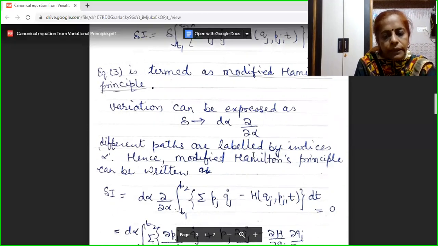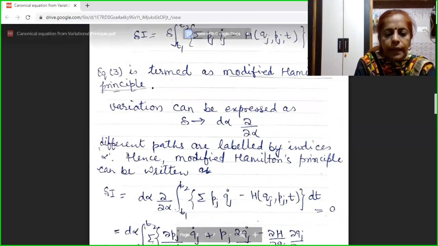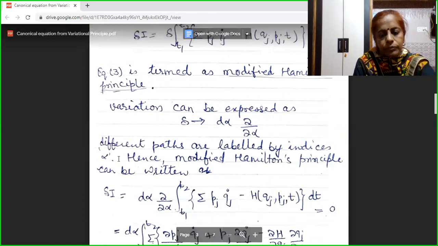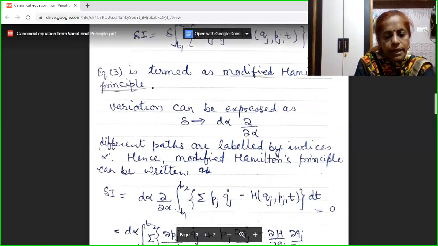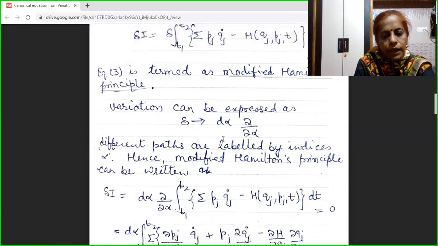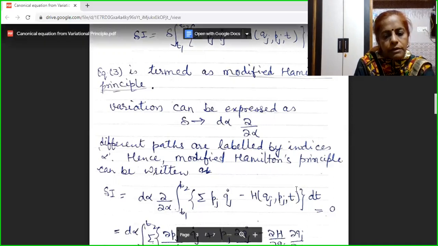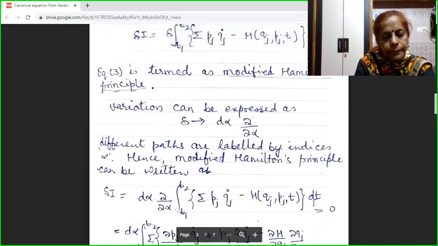We have labeled these different paths by indices alpha, and this variation has been expressed in terms of alpha. So the modified Hamilton's principle, by substituting del to be d alpha del by del alpha, comes out to be this.